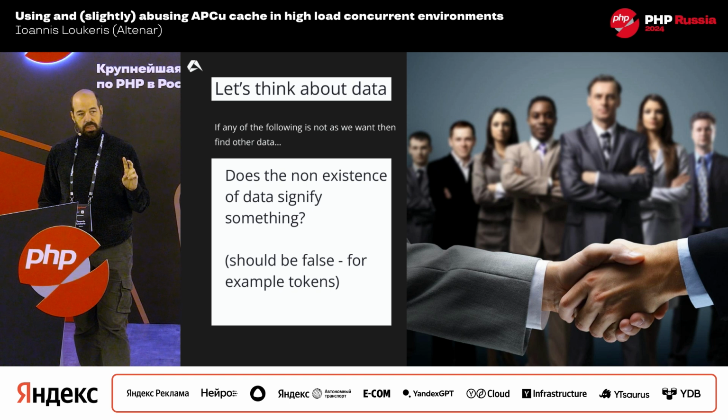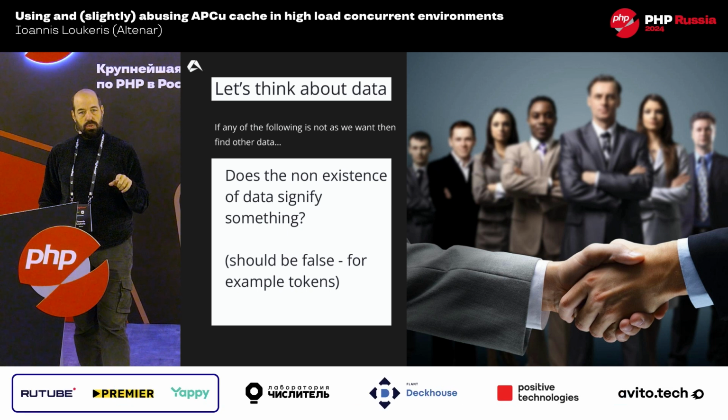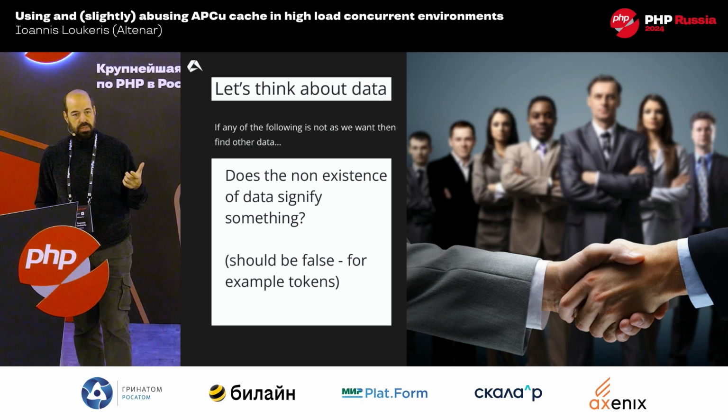The first thing is that this guy had logged in, the cache expired for his token, you go to the database, you find the token. The other case is that this guy has never logged in and you don't have a token anywhere.